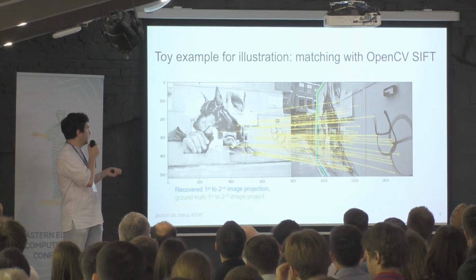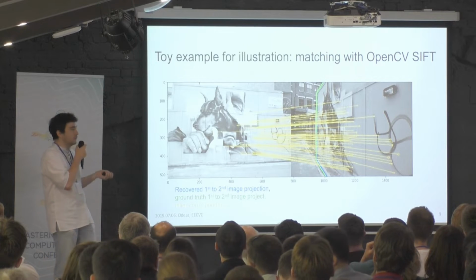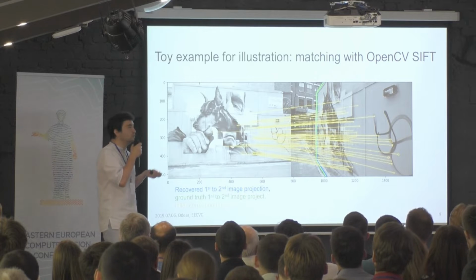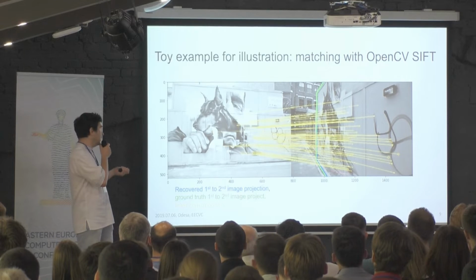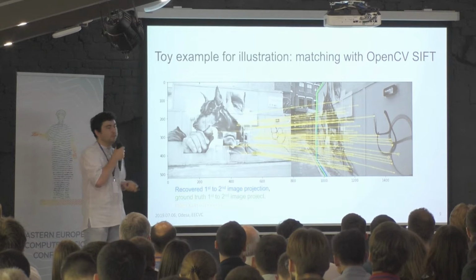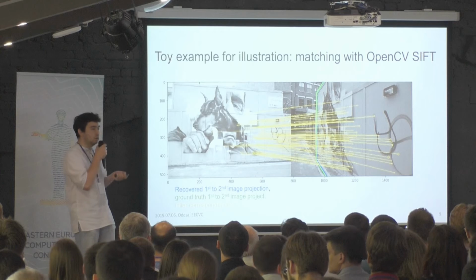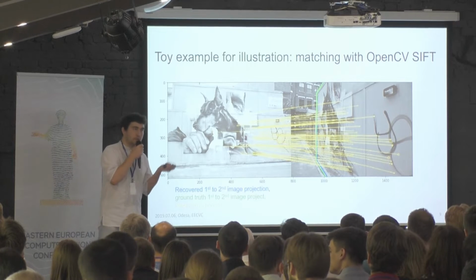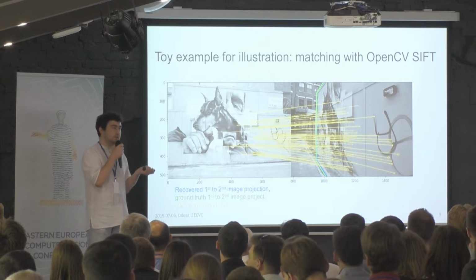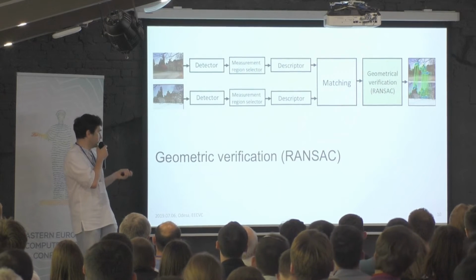This blue thing, I don't know if you see it well, but it is very, very close to it, so we kind of found a maybe good enough model, and the yellow ones are correspondences which are consistent with our found geometrical model. It's important they are consistent with the found model, not with the ground truth. They are consistent with ground truth only if the found model and ground truth coincide. So let's go. RANSAC.